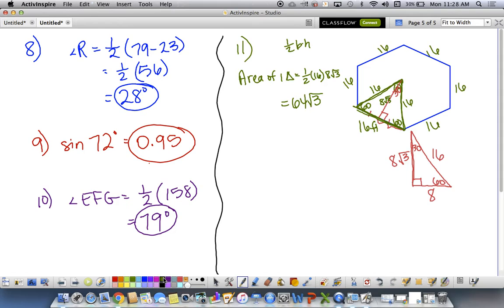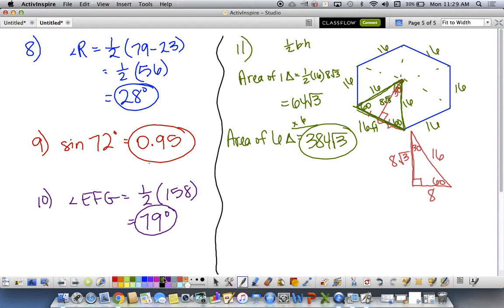Okay? So, what's the area of 6 of those triangles? Because remember, there are 5 more of these triangles. So if I know the area of 1, can I find the area of 6? Yes. So I'm just going to multiply 64 times 6, and I'm going to get 384 root 3 feet squared, right?